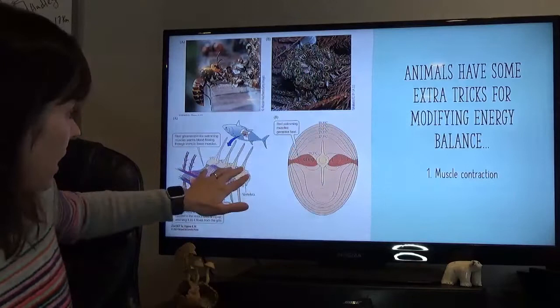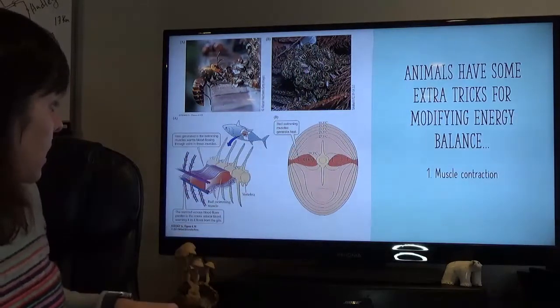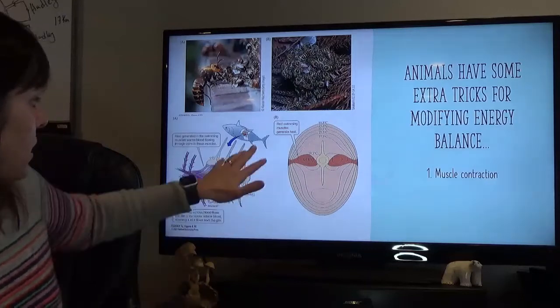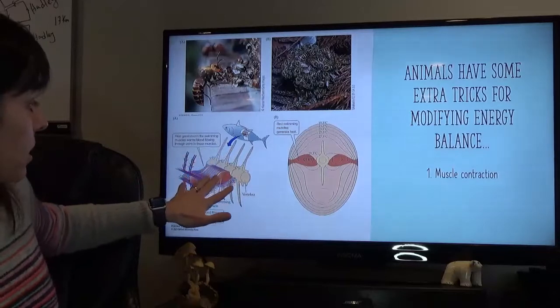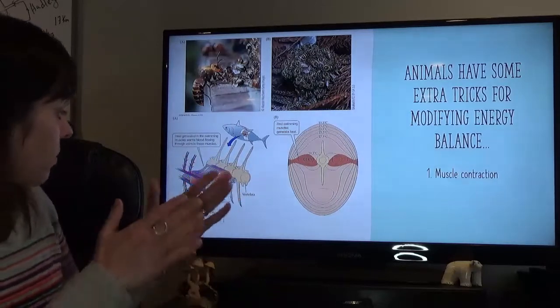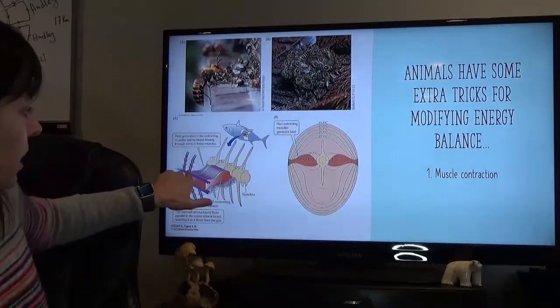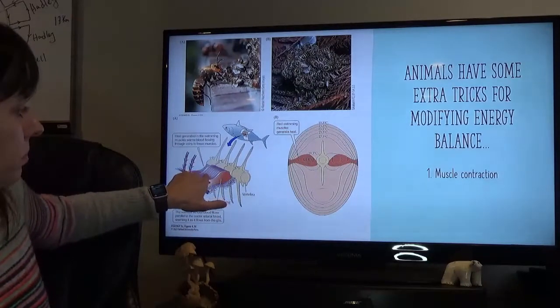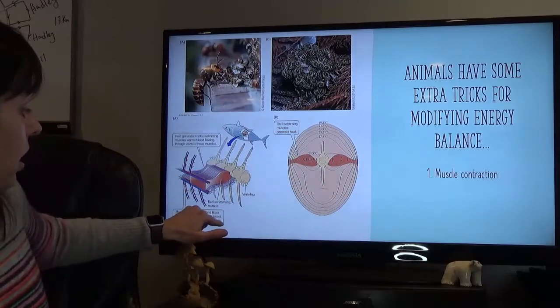Okay, another example of this is in this tuna. We have heat generation in swimming muscles, and then there's this kind of heat exchanger that's happening where you've got your venous blood and your cooler arterial blood.